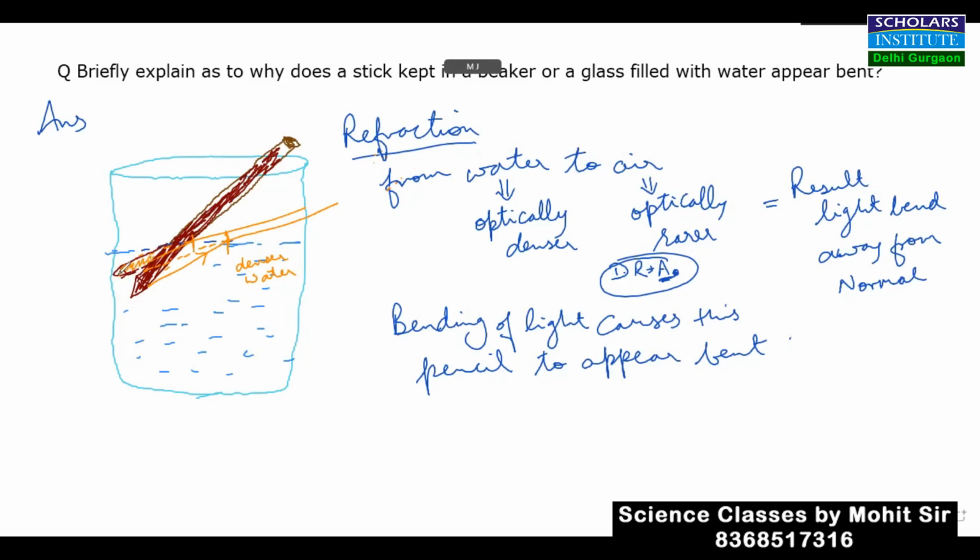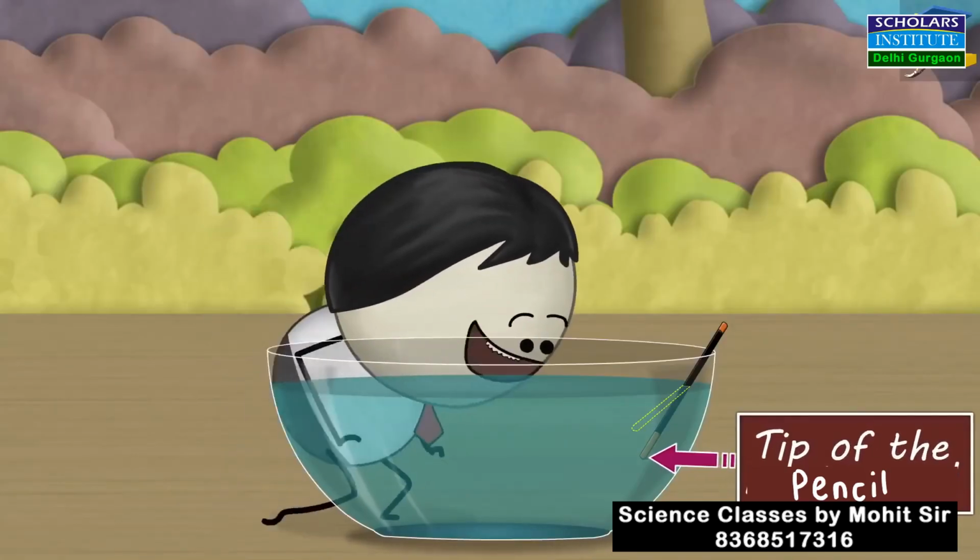This will be the apparent position of the image of the pencil, which will appear to be bent. Actually, the pencil is this, but when the light is coming from here, it is bending away from the normal. So anybody who is looking from here will see that the image is bent.